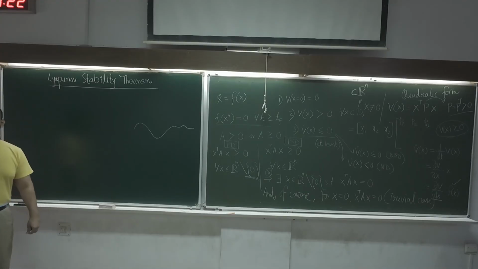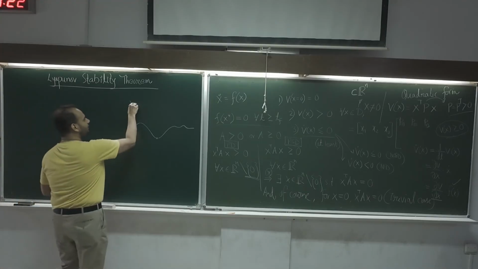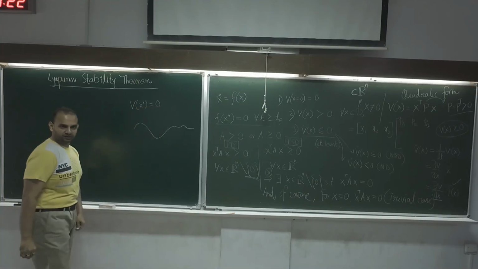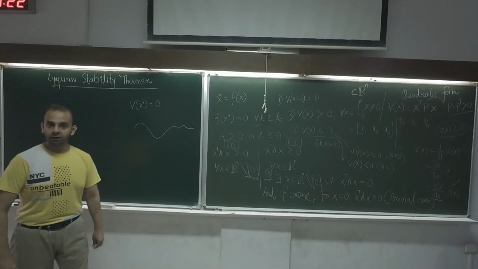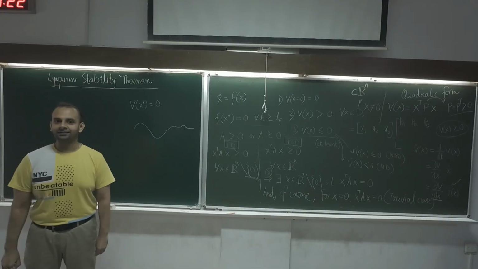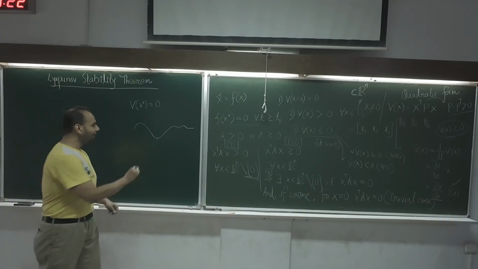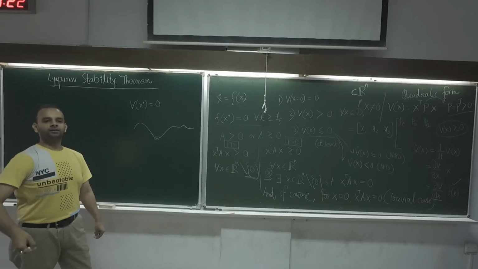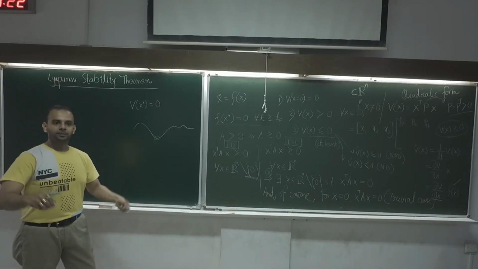Are you getting? That is what I said, that for the energy function V, only at the equilibrium point it must be 0. But if it becomes 0 at some other values of x, those are the x where temporarily the energy or the rate of change of energy becomes 0.